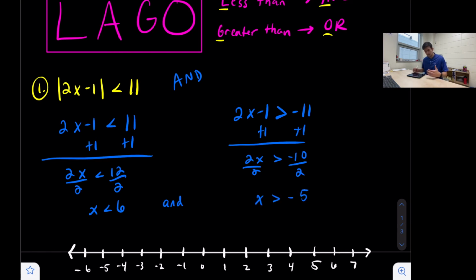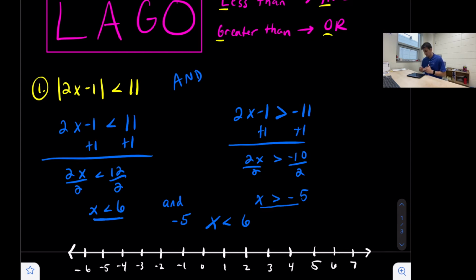So remember, with an and compound inequality, we can write that together as one inequality with our variable in the middle. So we put negative 5, our smaller number on the left, our larger number on the right. So we're looking at this right here. This tells me x is less than 6. So I put less than right there. This one is x is greater than negative 5. But what we're doing when we're writing it together is we're reversing that, right?